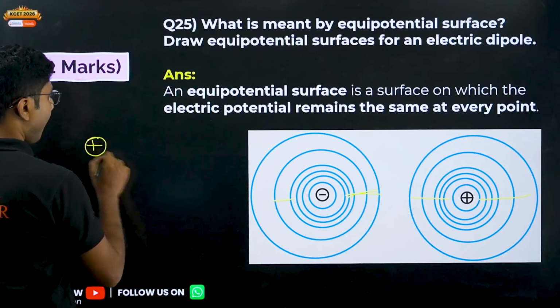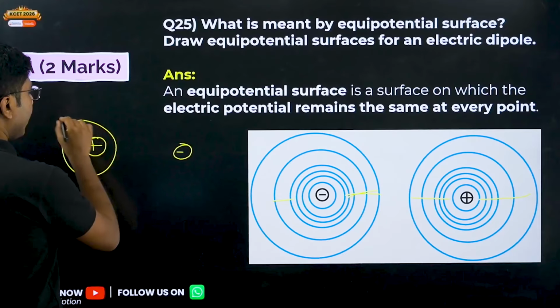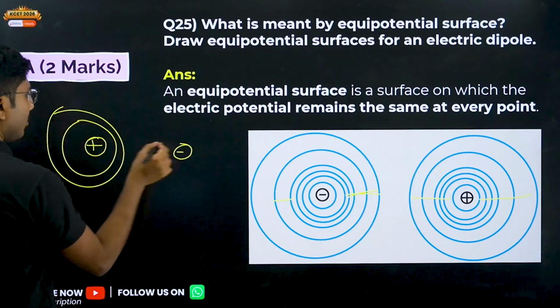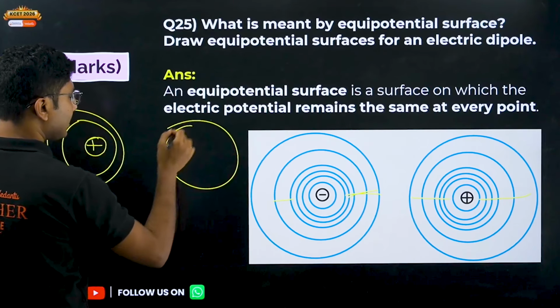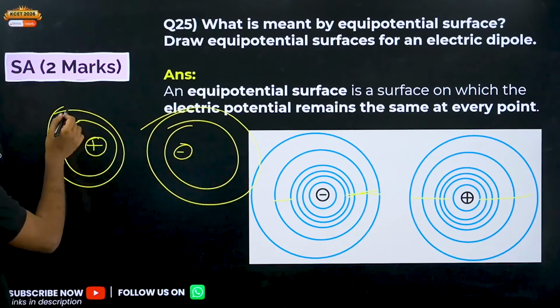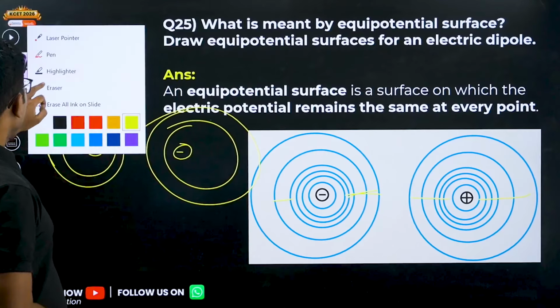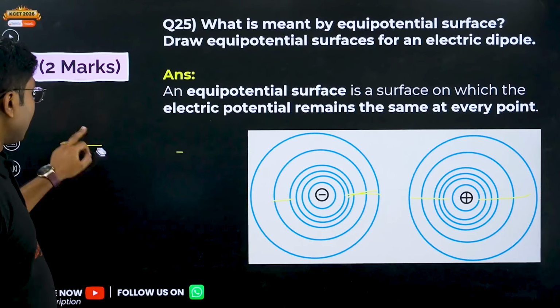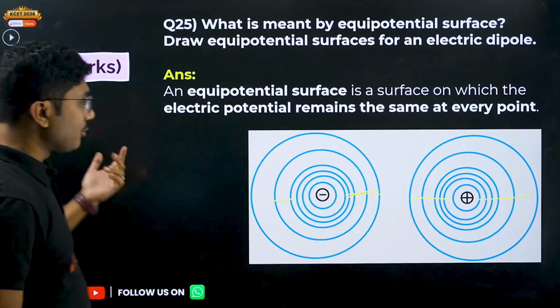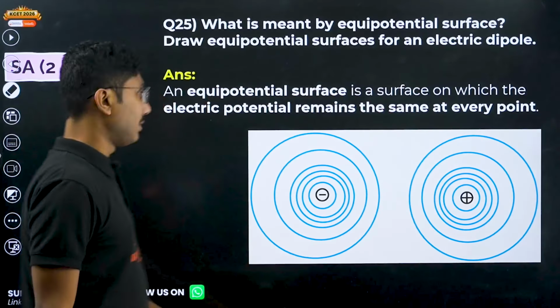Positive, negative, and you can draw them like that. You don't need to use a compass. You can use your hand so that it appears like this. So make sure the electric field lines of a dipole and the equipotential surfaces of a dipole are separate. So make sure you are doing the correct diagram.